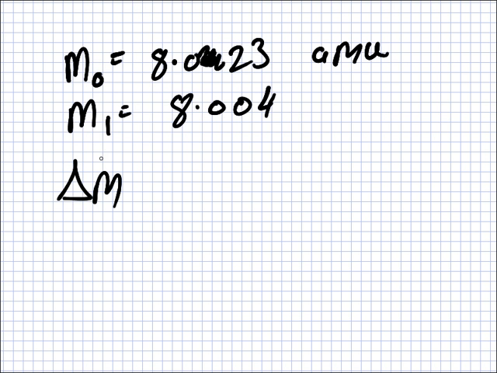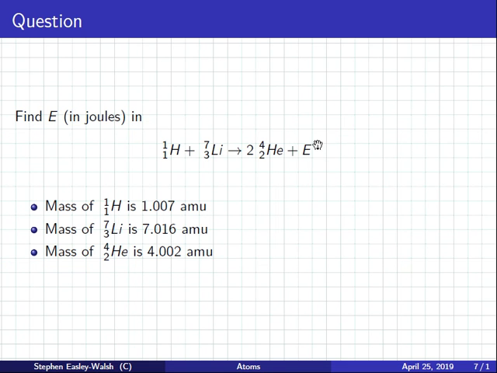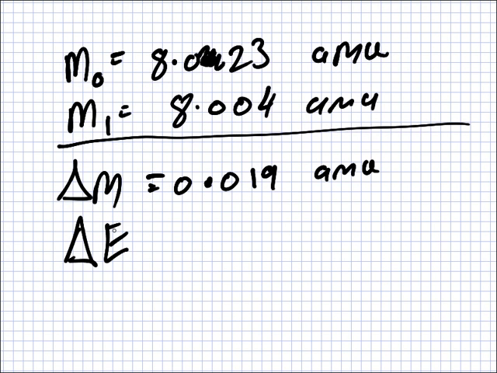So the mass that you think you lost is 0.019 AMU. But you didn't lose that mass. It actually just became energy, like gamma, I suppose. But usually it's heat energy. It's very hot.